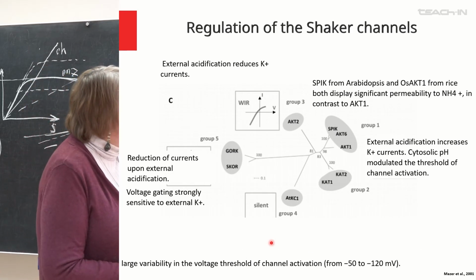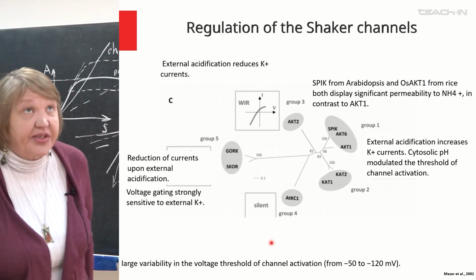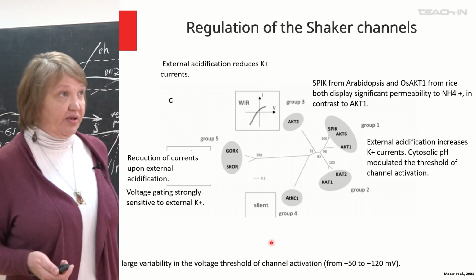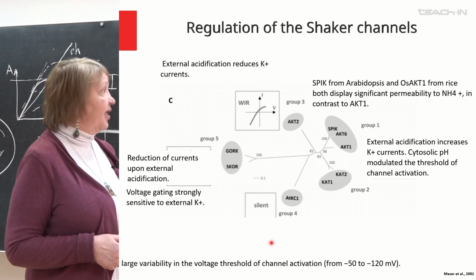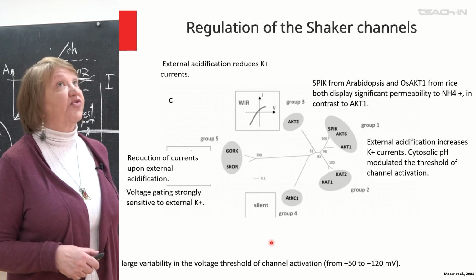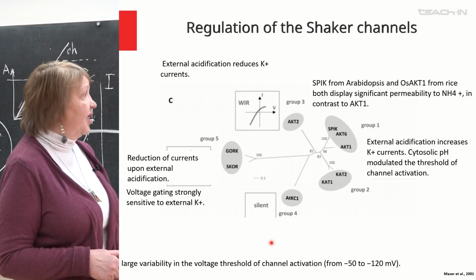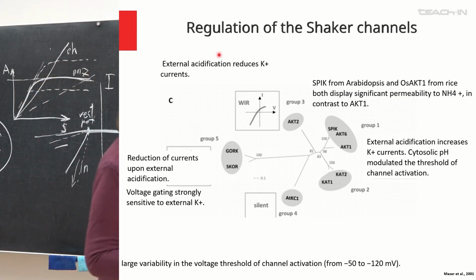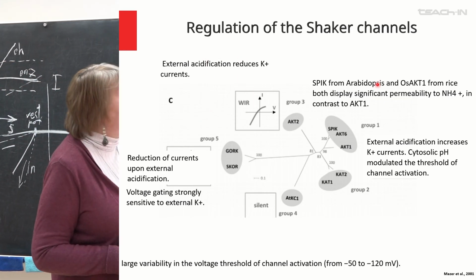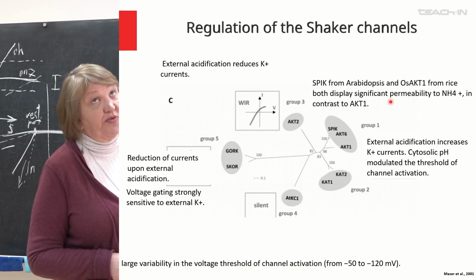All right, so they are regulated, and their regulation is different for different channels. For example, acidification reduces potassium currents, and some of them are not just permeable to potassium.